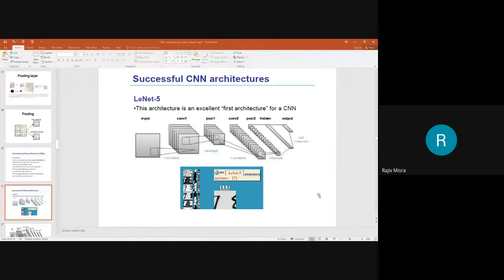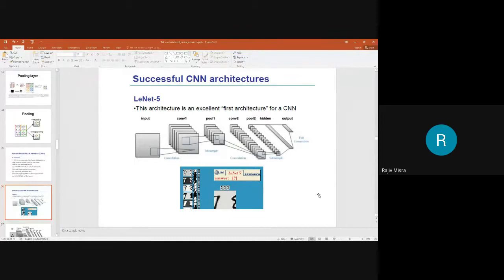LeNet 5 was designed for handwritten character recognition, and it has an application in recognizing handwritten values in checkbooks or other documents.